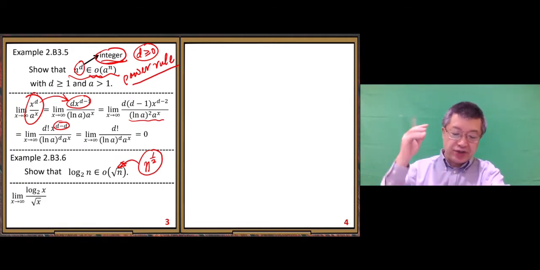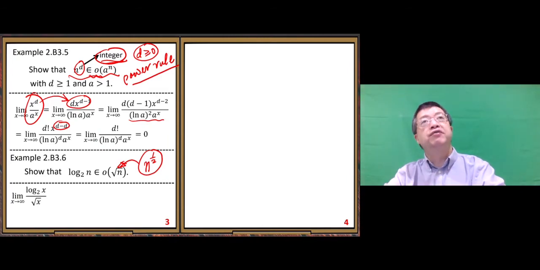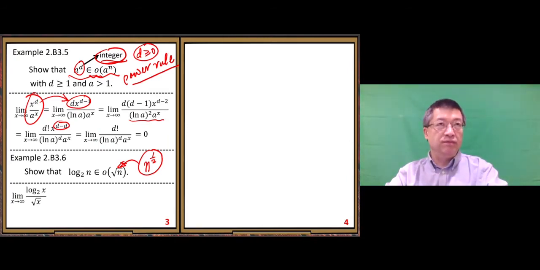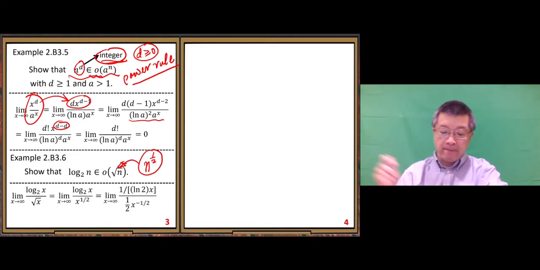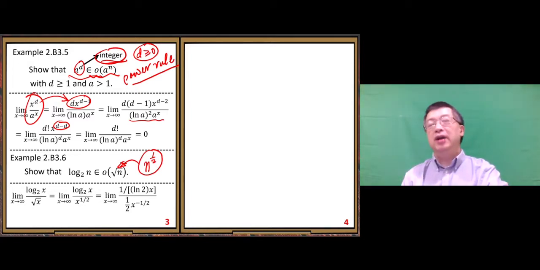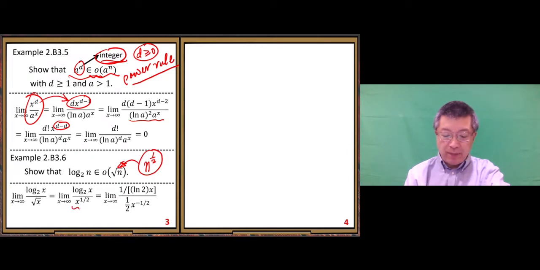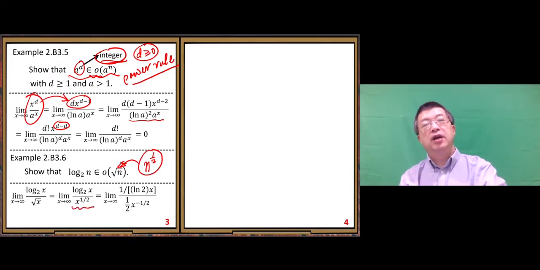Now we take this limit, the ratio of these two functions, using L'Hopital's rule, since it is an infinity over infinity indeterminate form. So now let us take the derivative. Before, we write the power function, x to the 1/2 power.